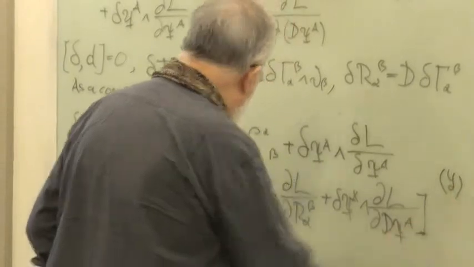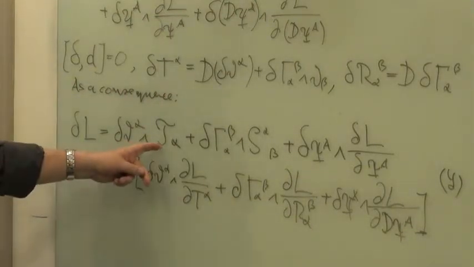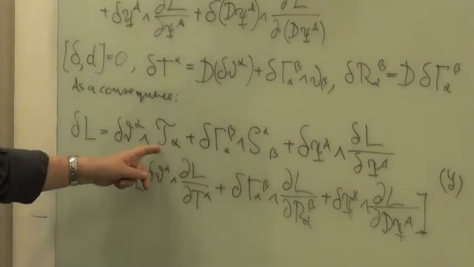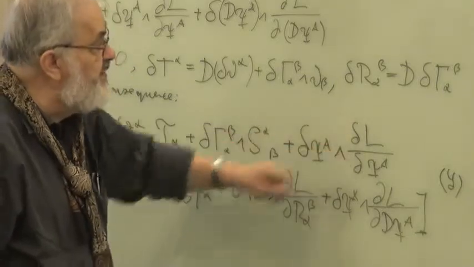And I owe you now three definitions. The calligraphic T, the calligraphic S, and this variational derivative.